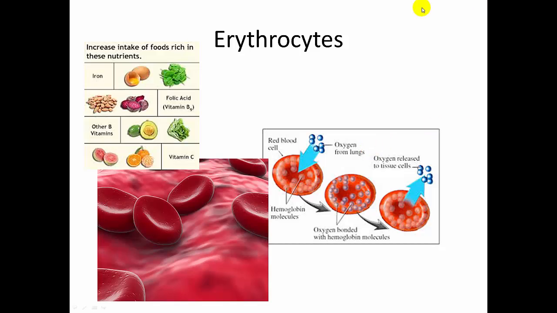And you can see here that another name for red blood cells is erythrocytes. You want to learn that name. You'll see lab results, you'll see this term utilized, and you need to know that it means the same thing as a red blood cell.